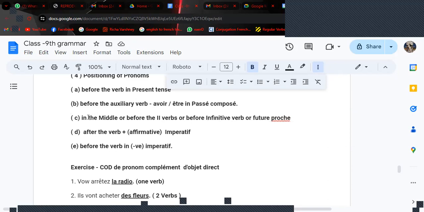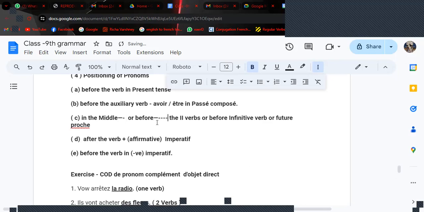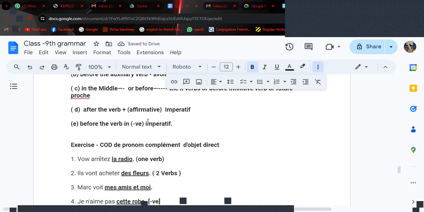Then the pronoun will come in the middle, before the second verb, the infinitive verb. Then when there is a case of positive or affirmative imperative sentences, the pronoun will come after the verb. COD will come after the verb. But when there is a negative imperative sentence, the pronoun will come before the verb.